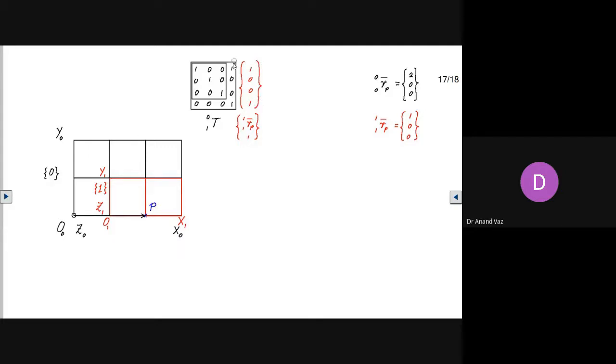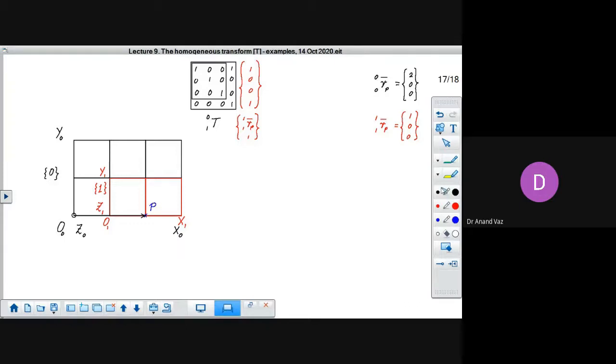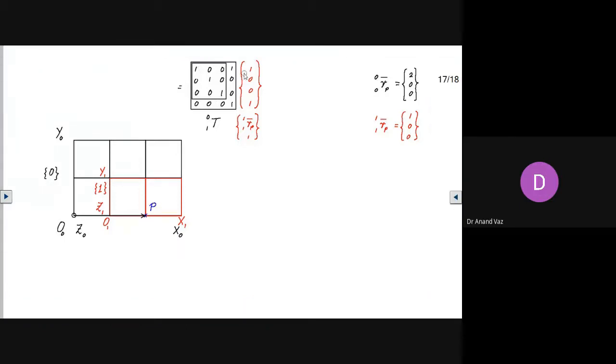So this vector here, when it is operated on by this transformation matrix, what do we get? We get 1 into 1 plus 0 plus 0 plus 1 into 1. So 1 plus 1, that is 2. Here we get 0, 0, 0, 0. Here we get 0, 0, 0, 0.